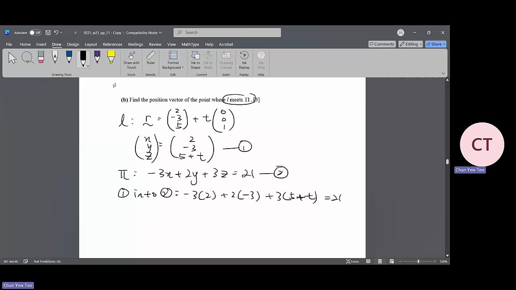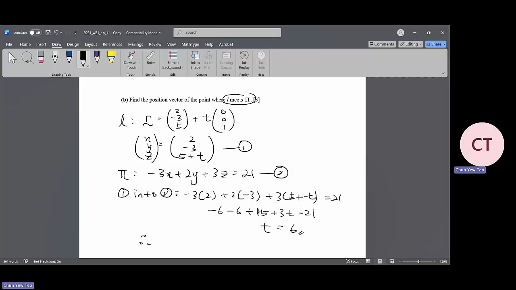So if you expand and solve for the value d, you get negative 6 minus 6 plus 15 plus 3d is equal to 21. So you will get d is 18 divided by 3, which is 6.